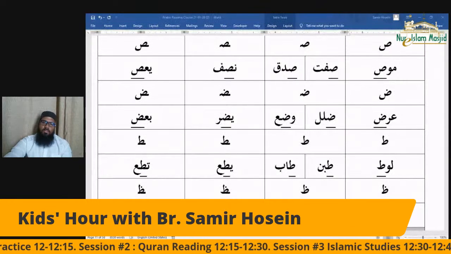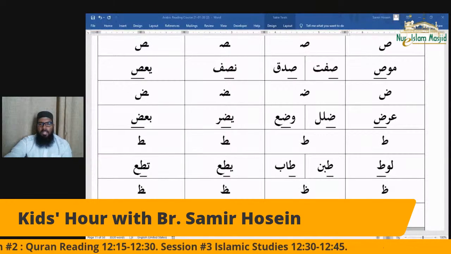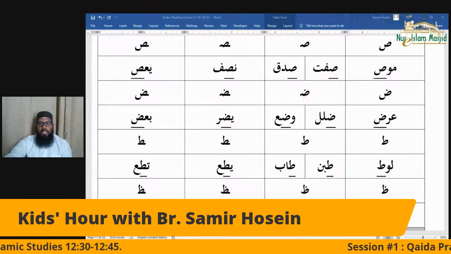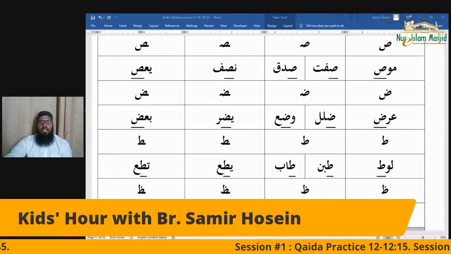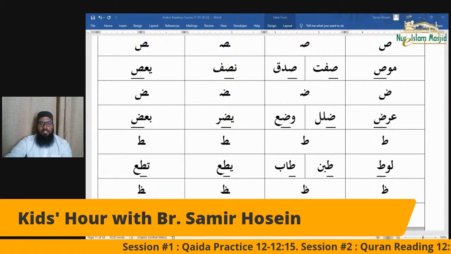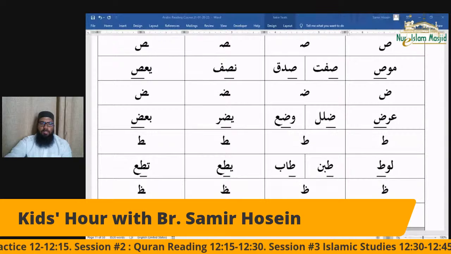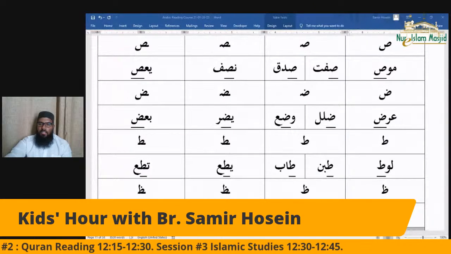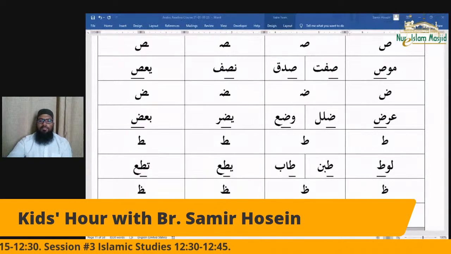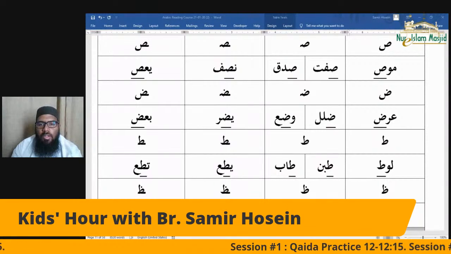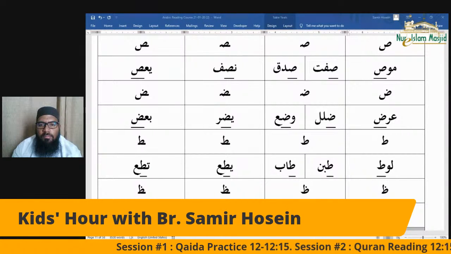What's important for us is that we check the letter, we make sure that we know which one it is, i.e. whether it has an antenna or a tail, and then whether it has a dot or not. And that will be able to tell us which pair it is, and then which of the pair of the letters it actually is. So let's go on, inshallah, to the examples.